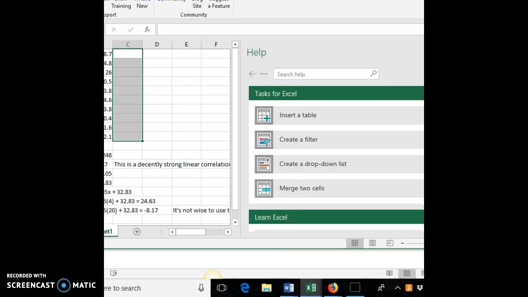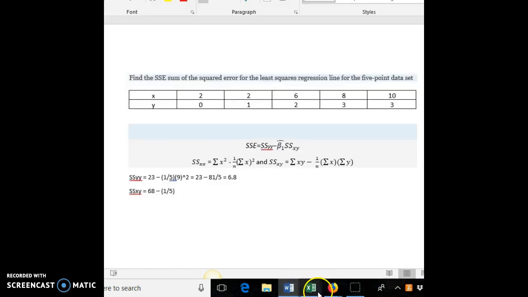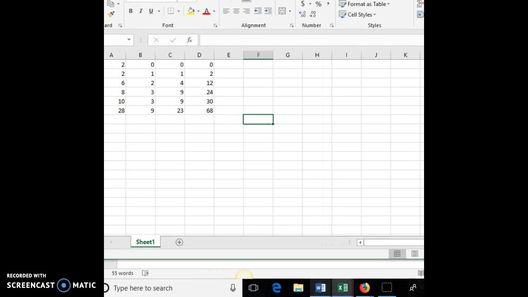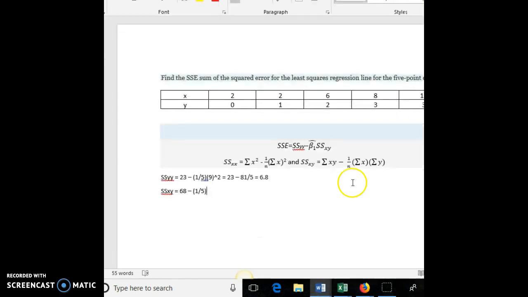If I go back to my X column, the X column's sum was 28, and the Y column's sum was 9. Now it's just a matter of doing these calculations. We'll have 68 minus 28 times 9 divided by 5. That gives me 50.4, and that makes my final calculation 17.6.